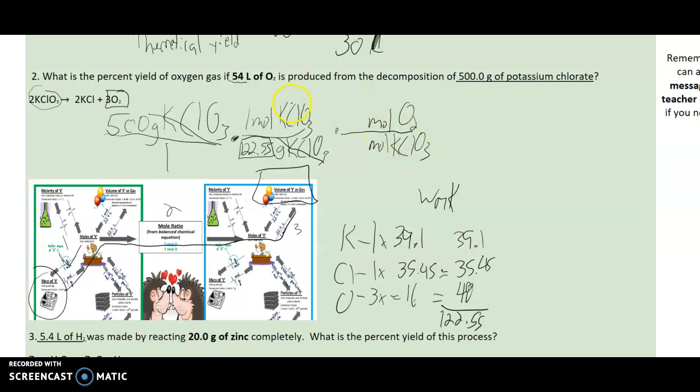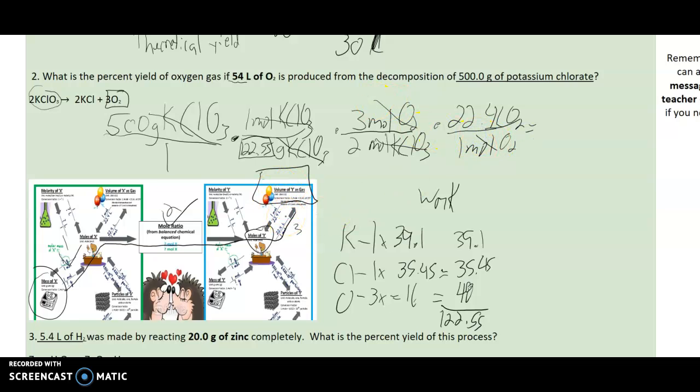Get these numbers from my balanced equation: in front of O2, I see a 3, in front of KClO3, I see a 2. Great. Make sure you're here. You should be in moles of your new thing, which means moles of the old thing cancel. One more step. I like when it's for liters because it tells you exactly what to do: 22.4 liters of your new thing over 1 mole of your new thing. You just cancel out. Great.